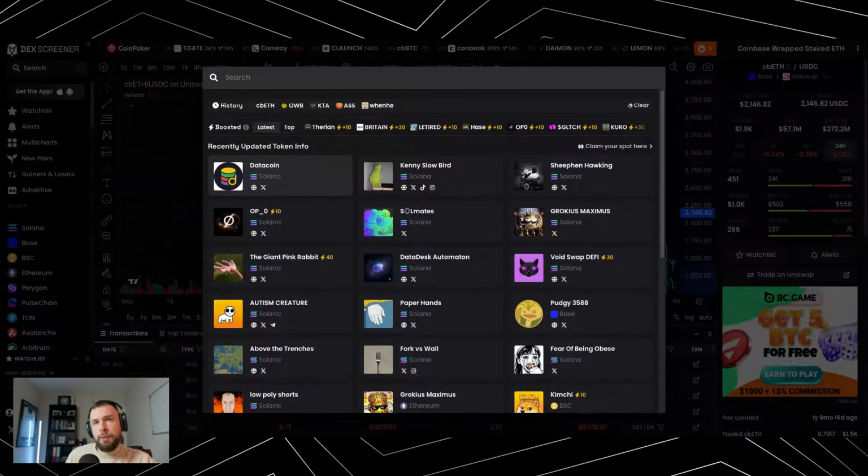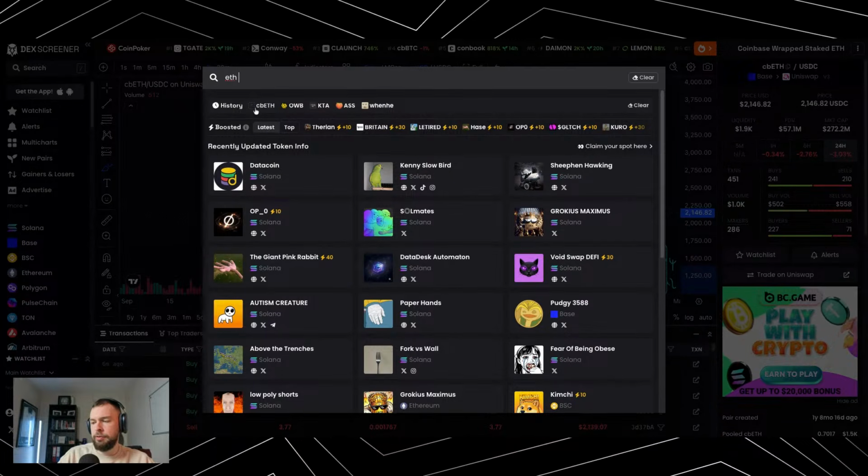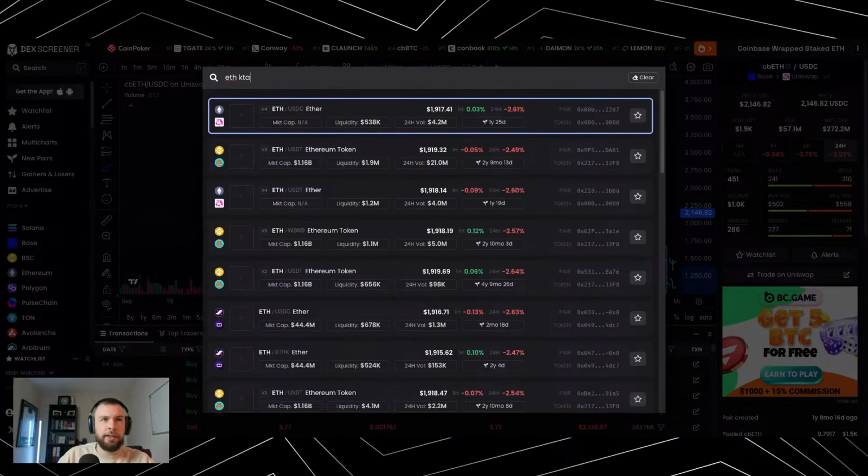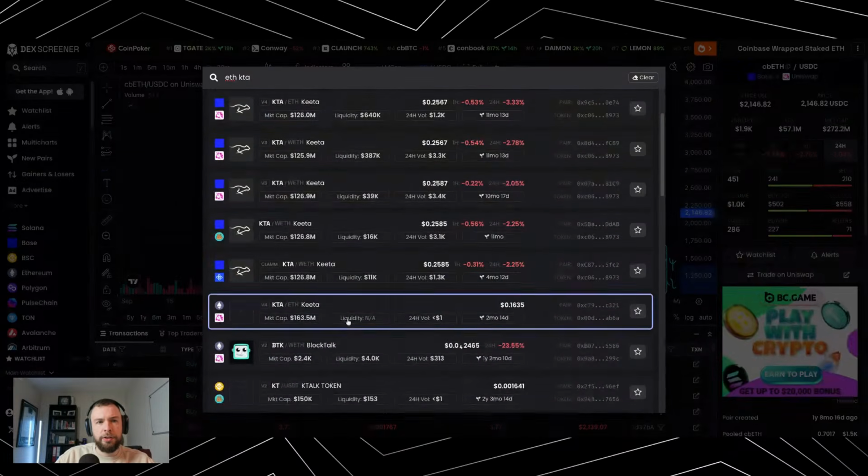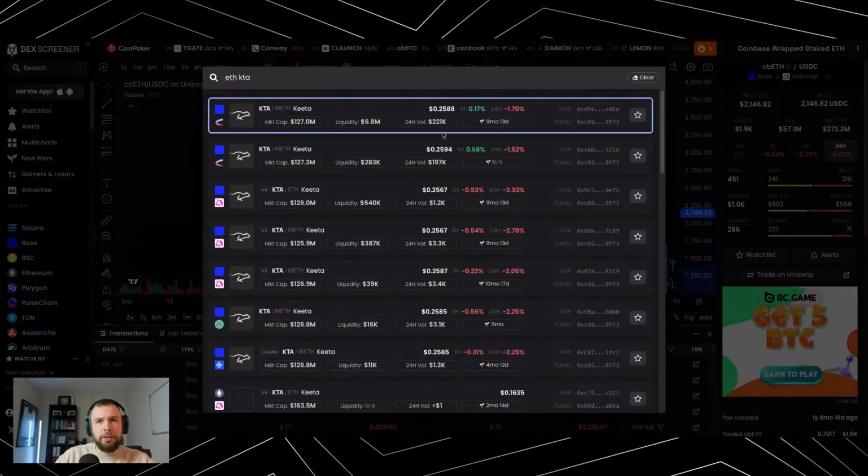Sometimes it's hard to pinpoint the exact pool, but you can get a basis for it by searching the coin pairing. So obviously we've got the ETH Kita one that I mentioned, and it is going to show.